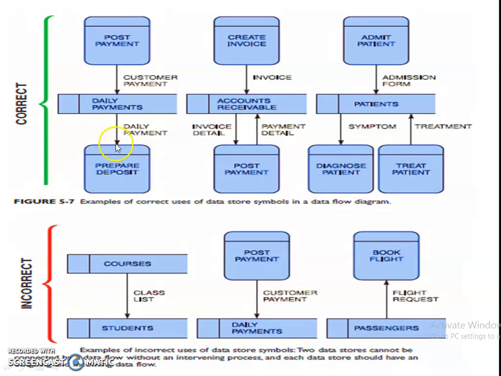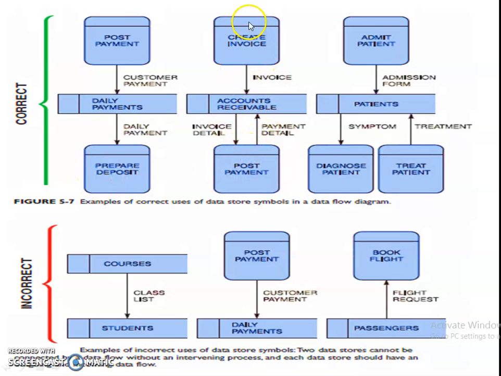Now, look at how process symbols are connected properly with a data store. This process is saving or adding information to the data store, and this process is extracting, or opening, certain information to use as input. Same way here, no problem.